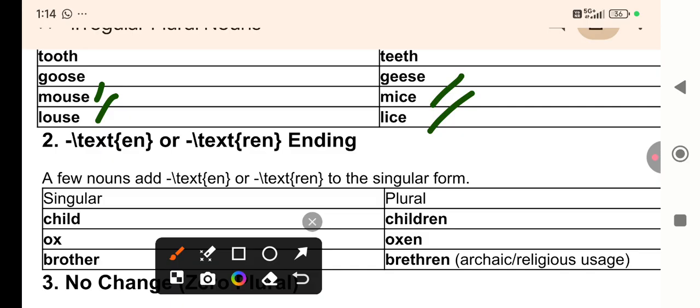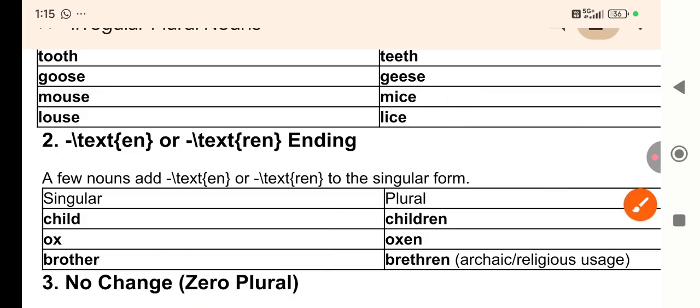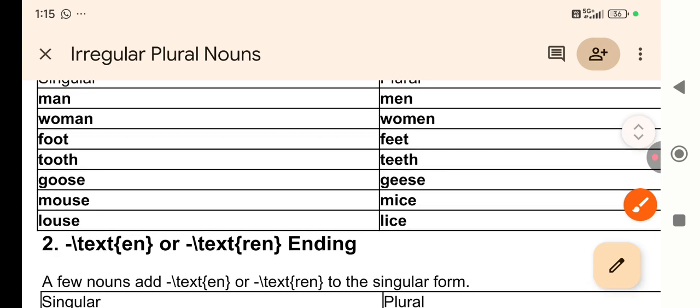So OUSE becomes ICE. However, it is happening with two words only, but we can remember it this way. So here we have seen man, men, woman, women, foot, feet, tooth, teeth, goose, geese, mouse, mice, louse, lice.